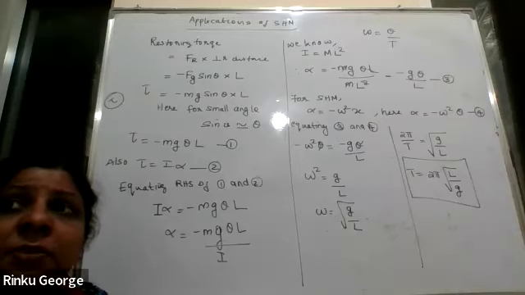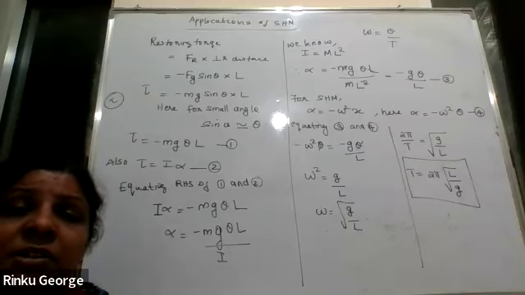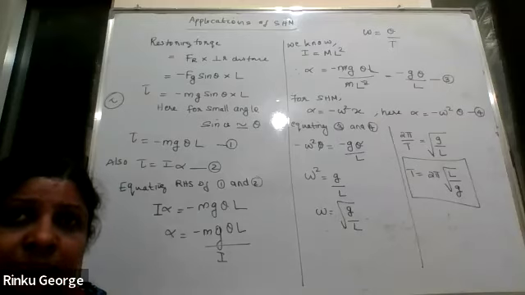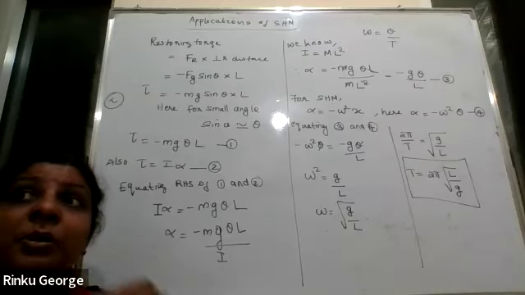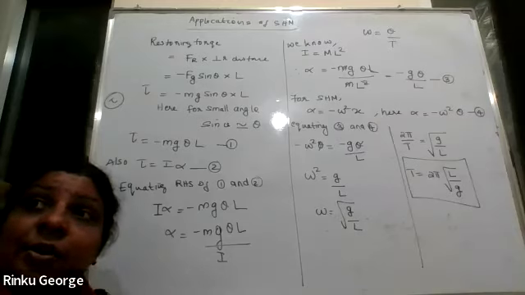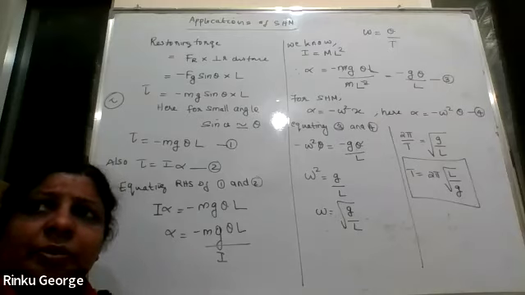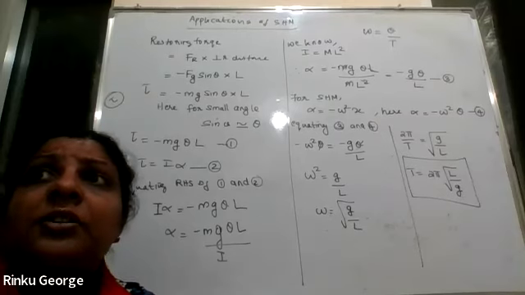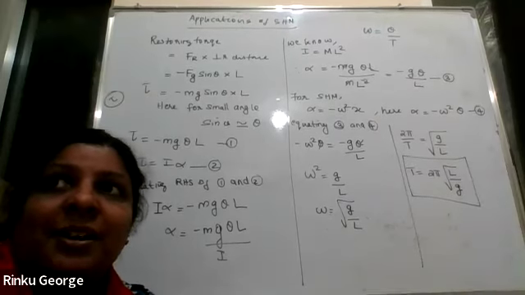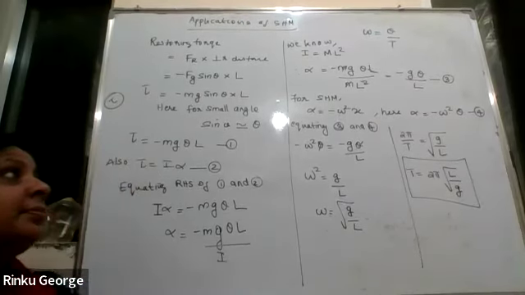Instead of x, here the displacement is theta. So minus omega square theta. x is a normal displacement; here it is angular displacement. Just like F is equal to ma, that is I alpha, right? Same like that.